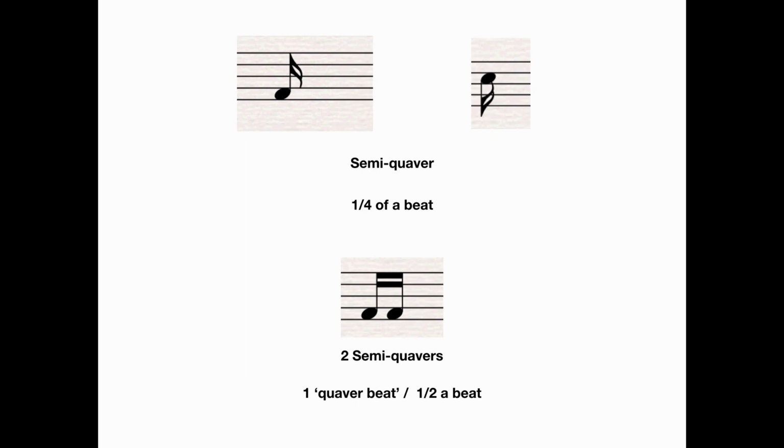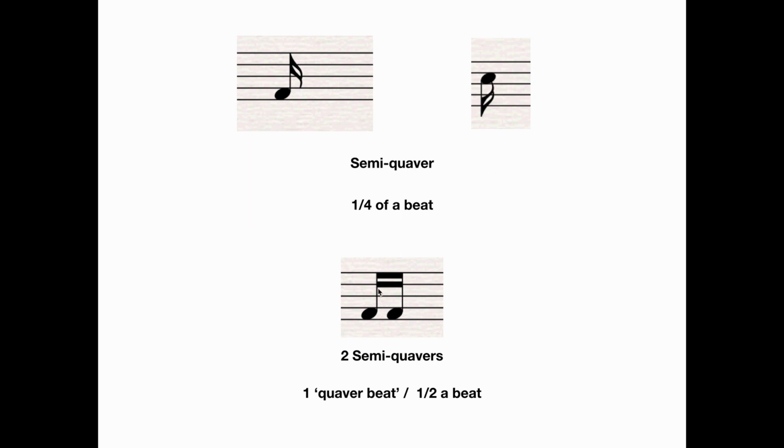This is what a semiquaver looks like. It's worth 1/4 of a beat, so it's worth 1/4 of a crotchet. Similar to the quaver, however, it has an additional tail off the end. The same rules apply according to the direction of those tails. They are going towards the right.